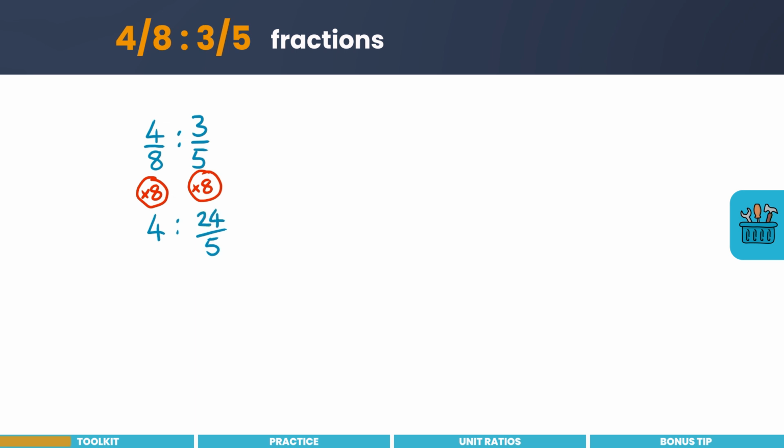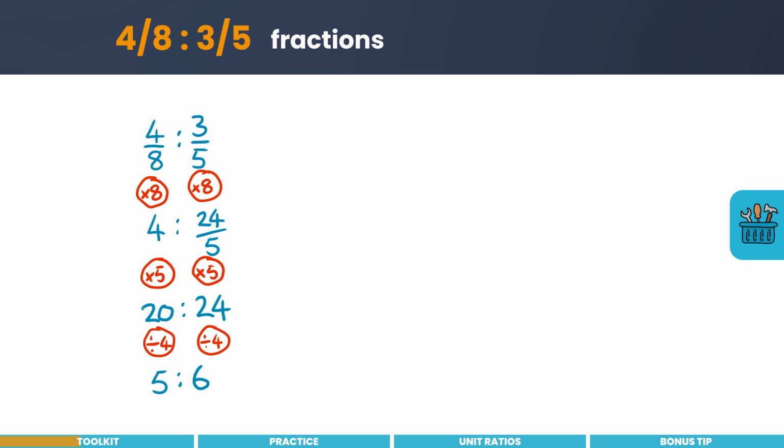Now, to get rid of this second denominator, we multiply both sides by 5. 5 times 4 is 20, and 5 times 24 over 5 is just 24. So here we are with a whole number ratio. Fantastic! We know what to do there. Look for the common factors. A common factor of 4 gives us a simplified ratio of 5 to 6.